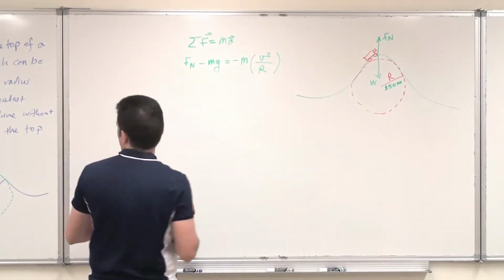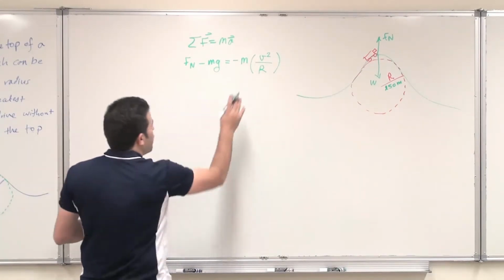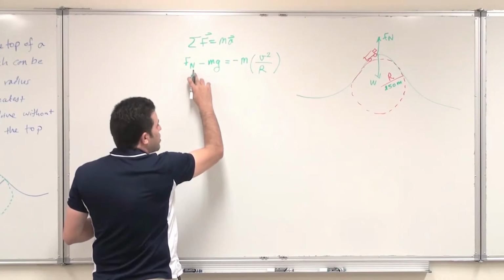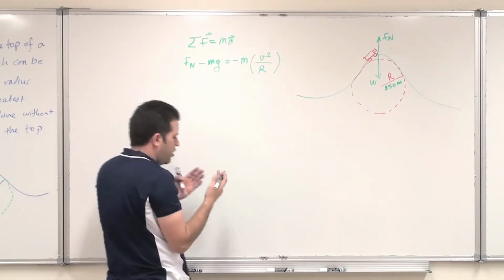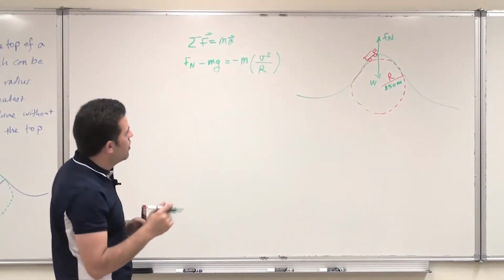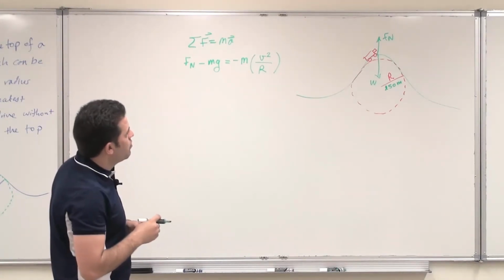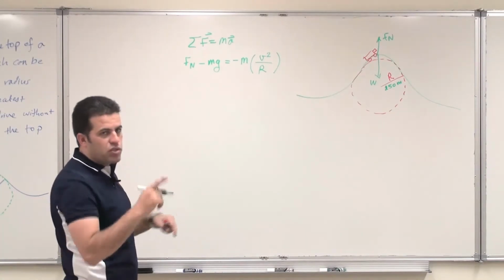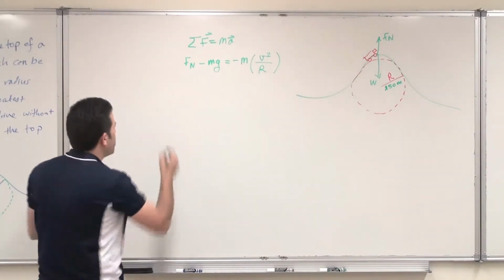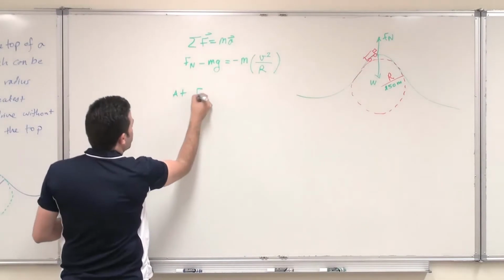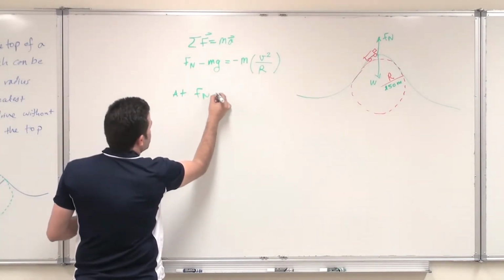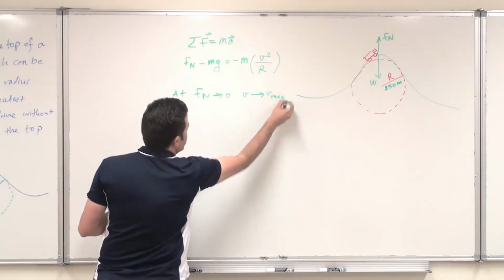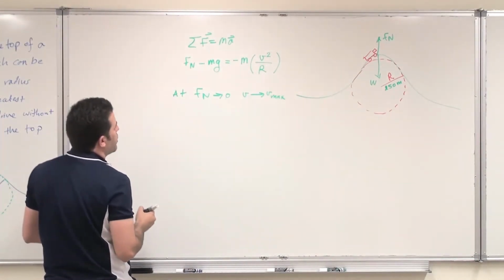Now the question asks to find the speed at which the car will still be in contact. The tipping point, or border point, is that whenever F normal equals 0, this will correspond to the maximum speed. So as the normal force goes to 0, v goes to v max, the speed is maximum or greatest.